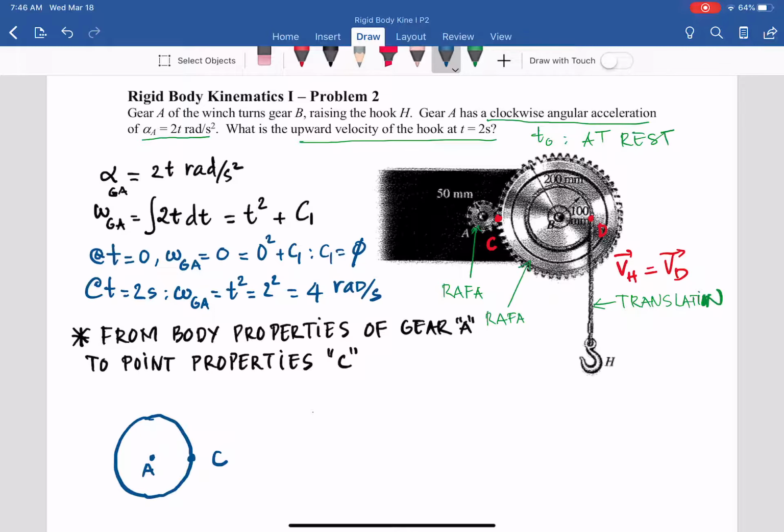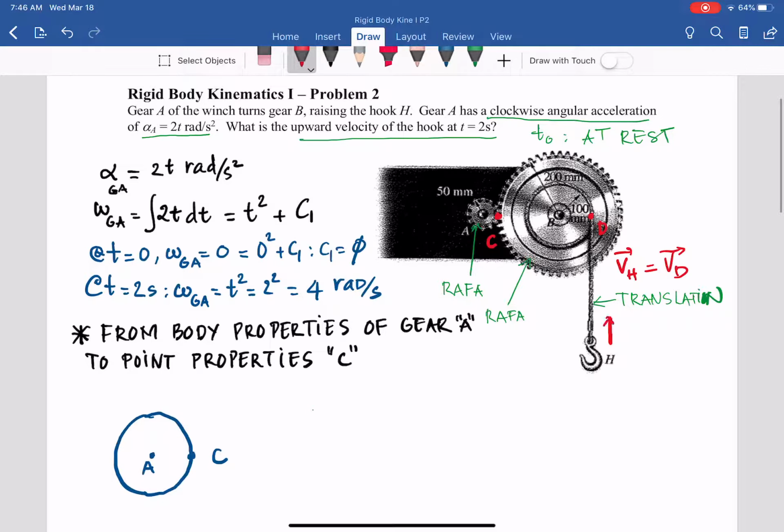You can see the hook raising up, then D also raising. So you can see that velocity VD is the same as VH, so it's raising. When VD is raising, D belongs to gear B, then gear B has to rotate counterclockwise to be consistent with VD.